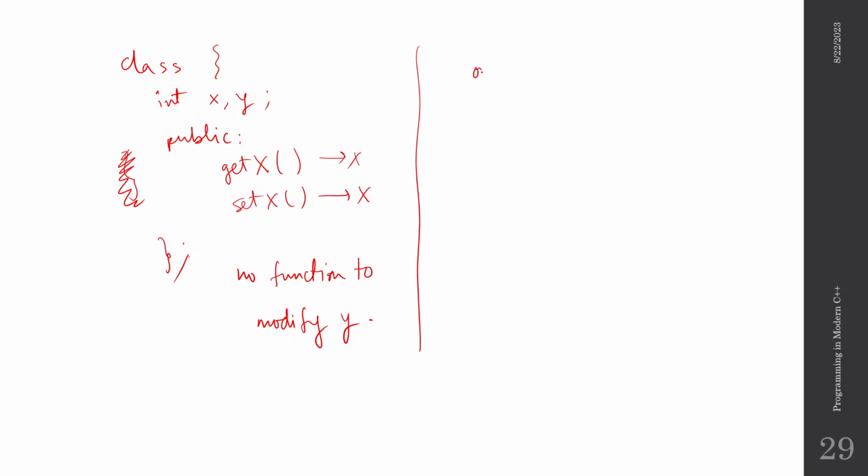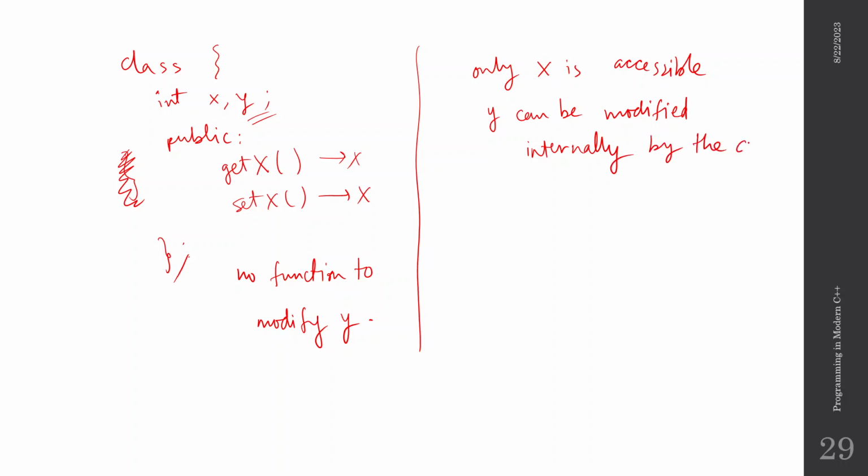Only x is accessible. The y data member can be modified internally by the class, but only the x variable is accessible from outside the class.